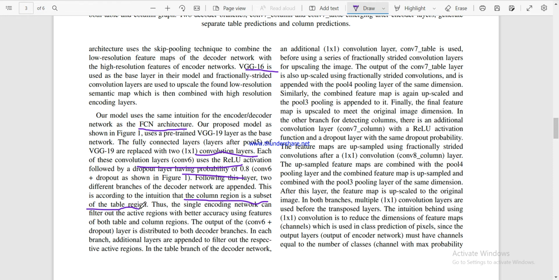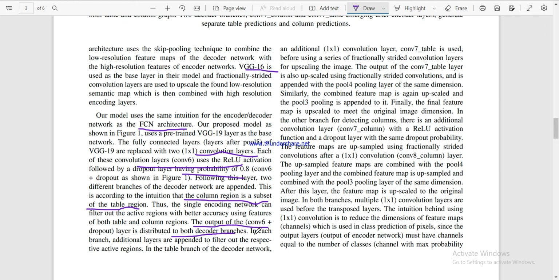Thus the single encoding network can filter out the active region with better accuracy, with features of both table and column regions. The output of the convolution 6 plus dropout layers is distributed to both decoder branches.